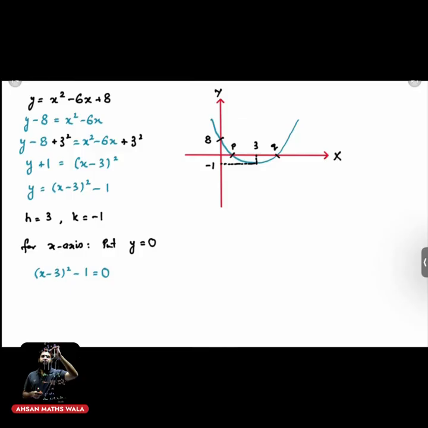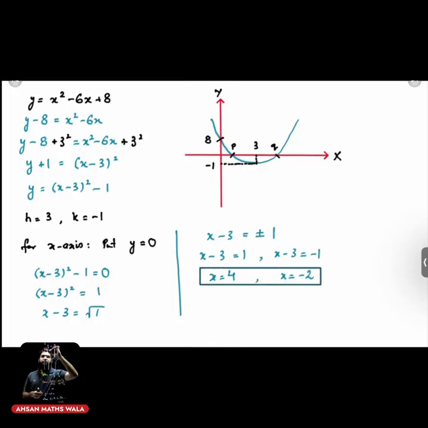Okay, so now I can write x minus 3 whole square equals 1. So to remove the square, I will put a root, and the root of 1 will be plus or minus 1. I will use +1. I will use -1. And I will get two different values of x.